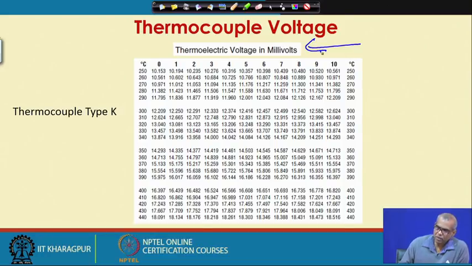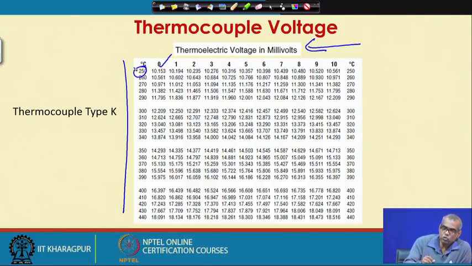So, this information is available in standard references in many books for various types of thermocouples and at various temperatures. So, how do you read it? At 250 degree Celsius, you have this, which is the EMF if the measuring junction is at 250 degree Celsius and the reference junction is at 0 degree Celsius.